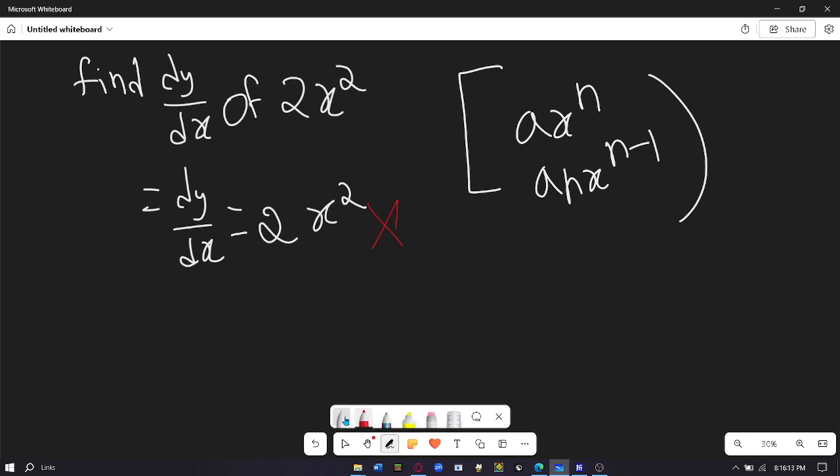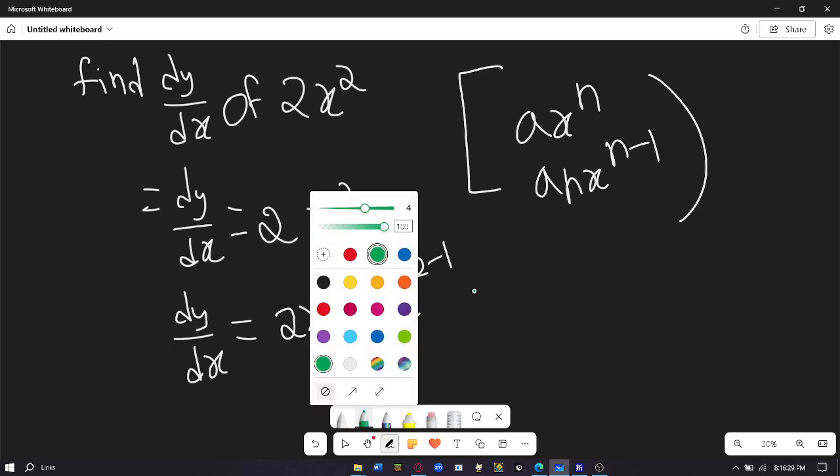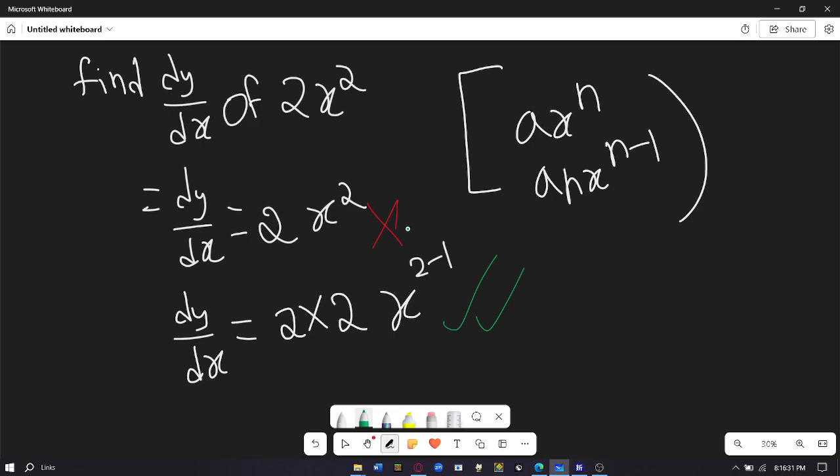You'll get your marks deducted. Because when you write the notation dy by dx, that means you're already differentiating it, meaning you have to write it with the differentiated part. This is going to be this. This is correct. But not this. This is wrong. This is correct.